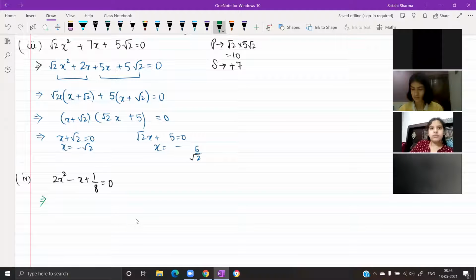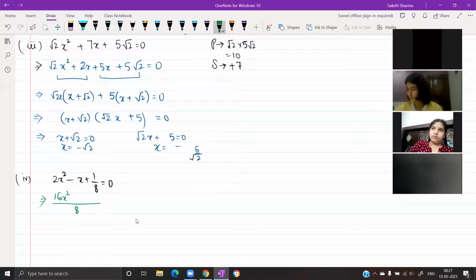We haven't even come to factorization yet. Can we do the factorization as such or would we simplify? Ma'am, simplify. And how can we do that? Ma'am, take LCM. What would be the LCM for the terms here? Ma'am, 8. All right, let's take the LCM as 8.